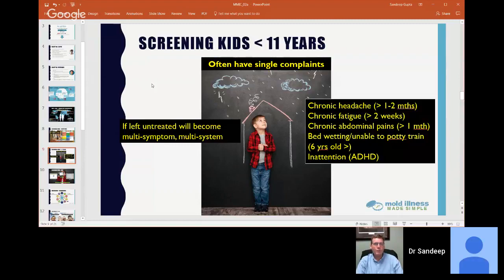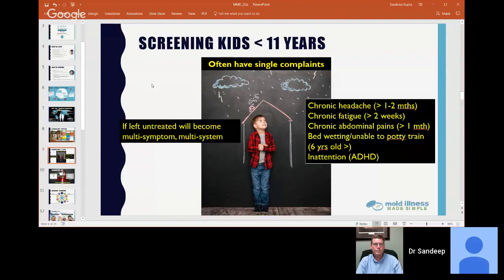Every single one of them. And the reason we screen them is because if you find it early, you can affect therapy and you can prevent permanent symptoms. And I would argue that we have enough data at this point. We just haven't had anyone replicate the data sufficiently and publish it to show that if you treat this early on, you prevent problems down the road.